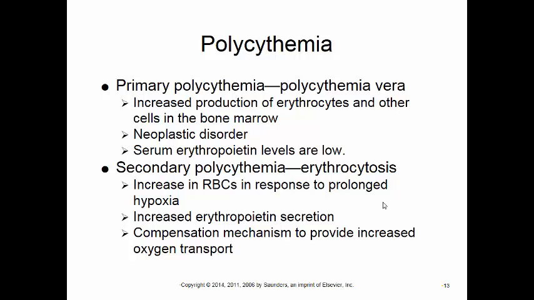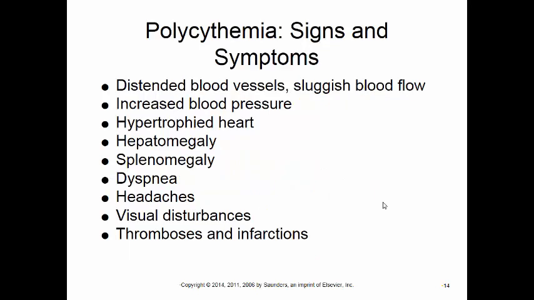Or for other reasons, maybe they're a smoker, so they always have low oxygen levels. So it does the same thing. With secondary polycythemia, you need to treat the underlying cause of why they have too many red blood cells.